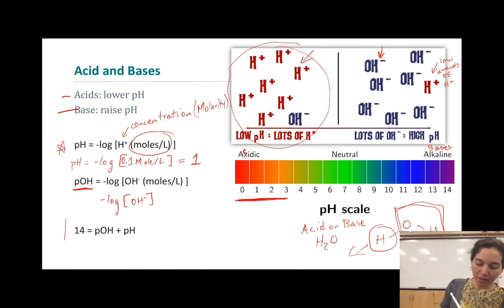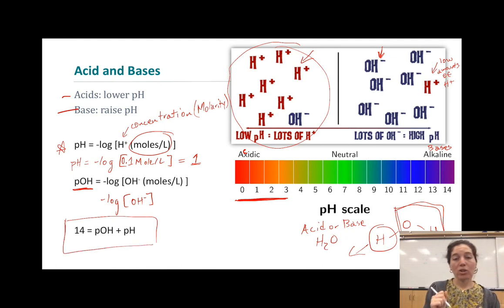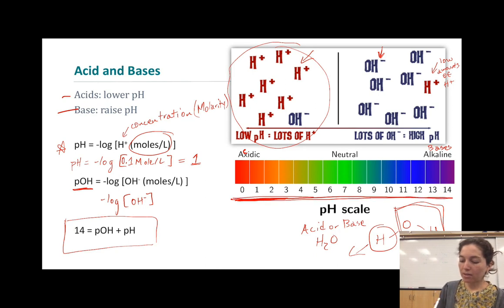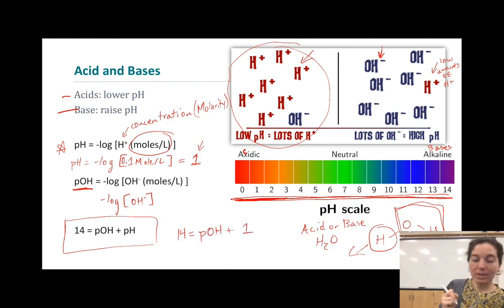So we can draw this relationship that our pOH plus our pH gives us the full scale on the pH scale. So if I have a pH here of 1, that means my pOH will be what's left over. So 14 minus 1, so 13 would be my pOH.